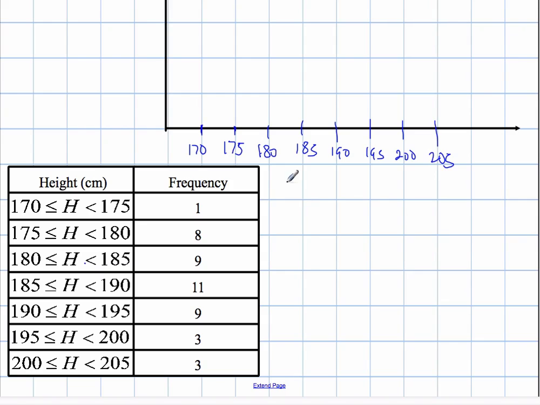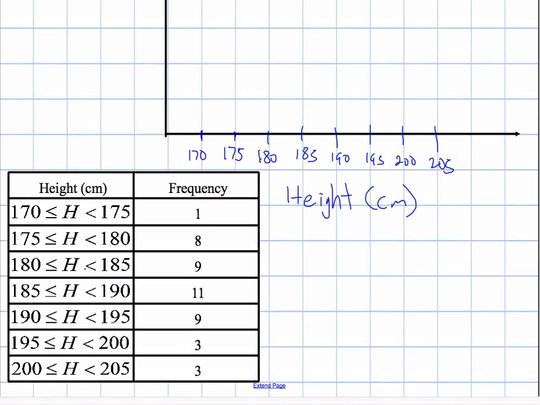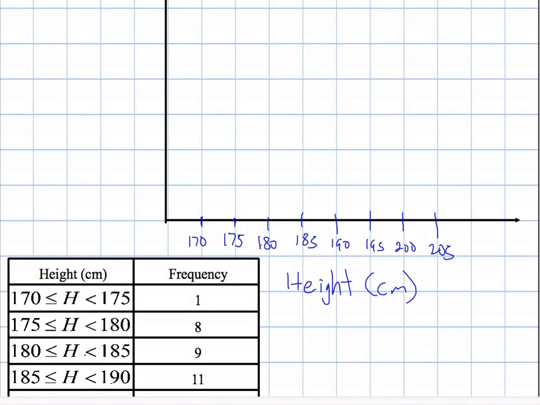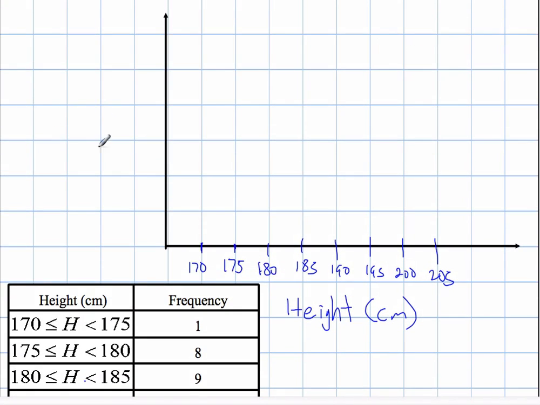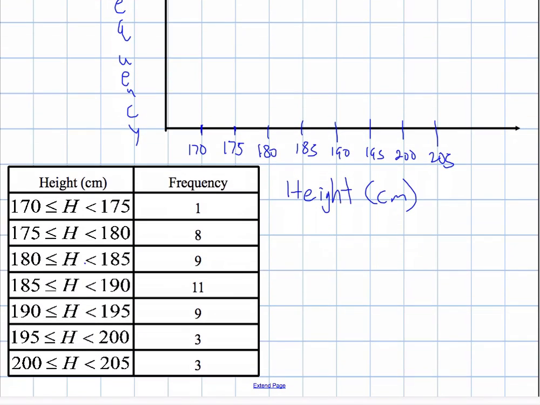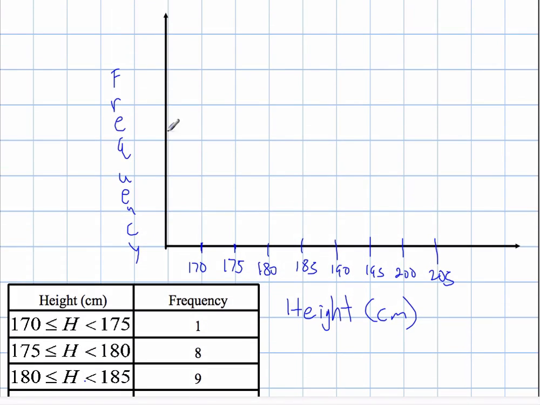These are heights in centimeters, and over here we're going to have frequency. The frequencies go up to 11 as our highest amount, so I think I need to go up by 2s here: 2, 4, 6, 8, 10, 12.